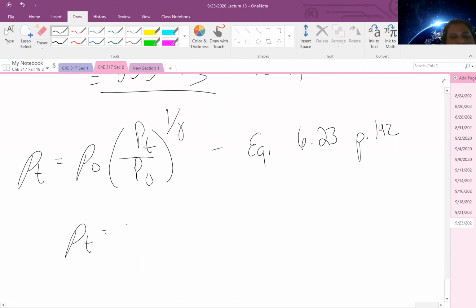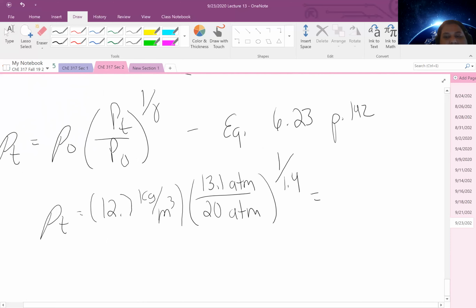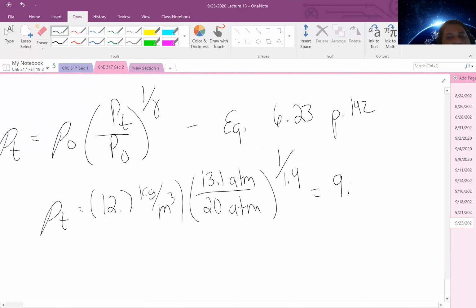So with this, I can say my density, which was, I think, 112.7 kilograms per cubic meter times my 13.1 atmospheres over 20 atmospheres, to the 1 over 1.4. I do this and I should get a smaller density of 9.41 kilograms per cubic meter.